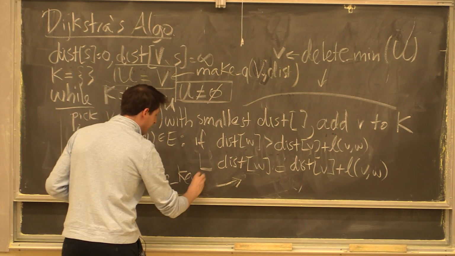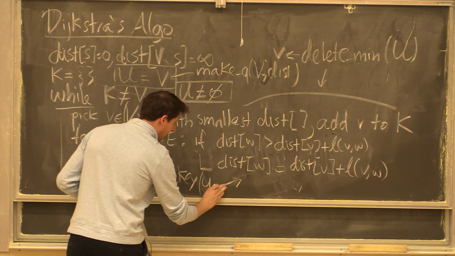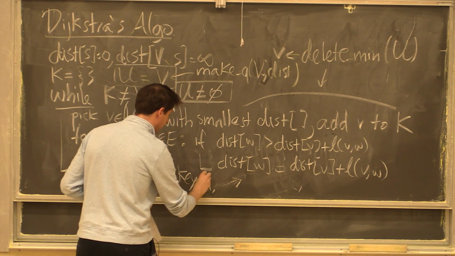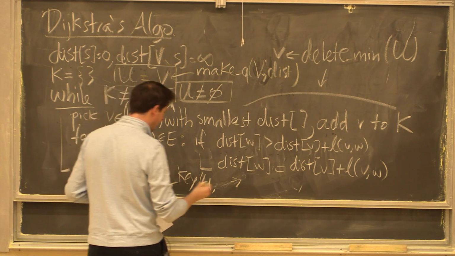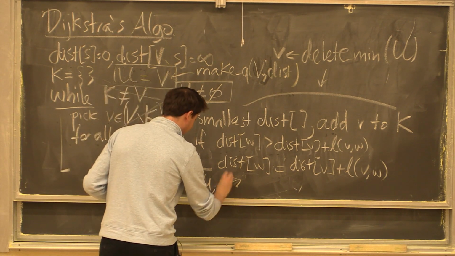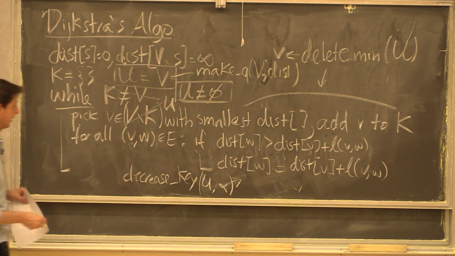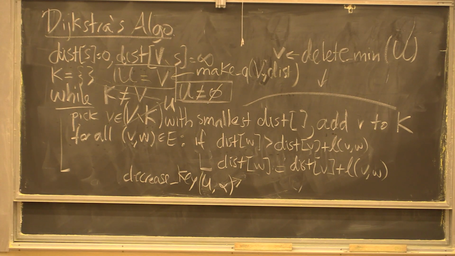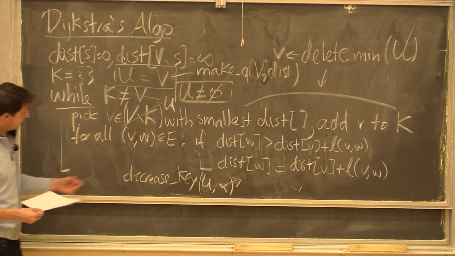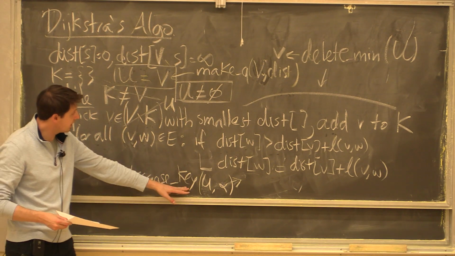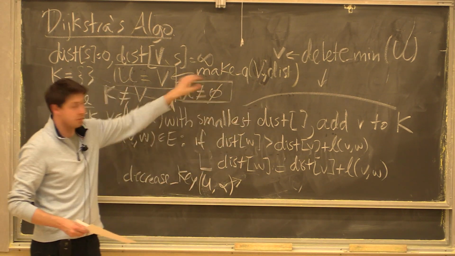And then we're passing in the Q and the value. I don't know how to call it, alpha. Okay, so that value that you want to change. So the data structure operations are decrease key, delete min, and make Q at the beginning.